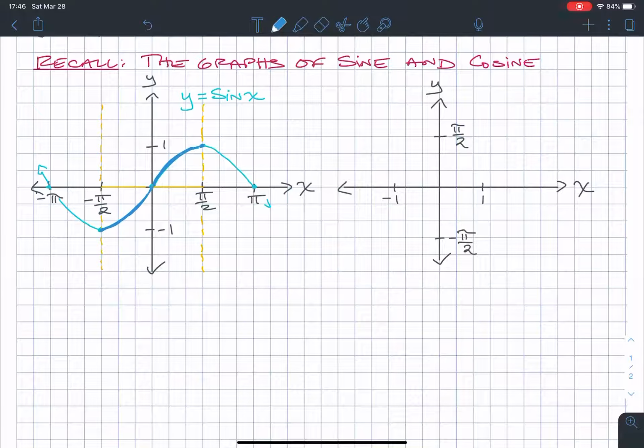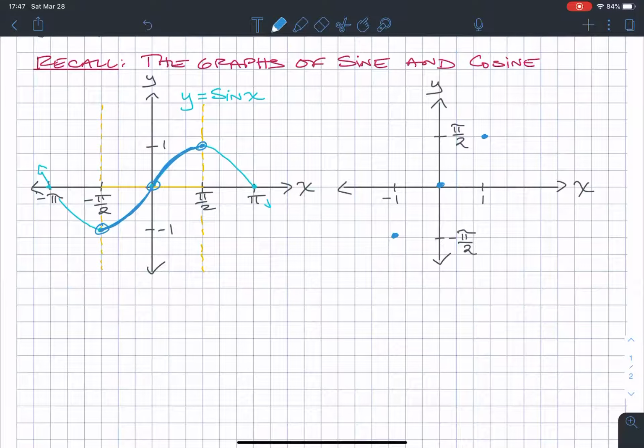So instead of the point at negative pi over 2, negative 1, I'm now at negative 1, negative pi over 2. I still have the point 0, 0, since swapping x and y doesn't change anything there. And finally, the point at pi over 2, 1 will be at 1, pi over 2.